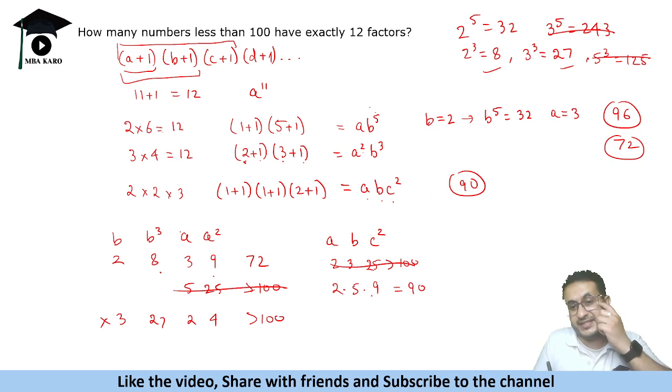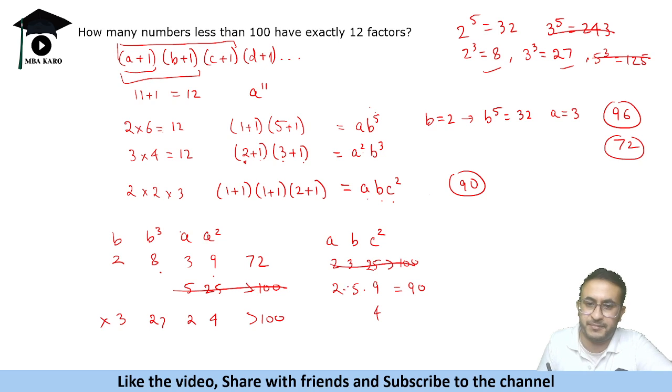Now, if I take c square as 4, instead of going to 9, because if I take any other prime number, let's say if I take 2 into 7 also, it will be greater than 100. So we can take c as 2 and c square as 4. So we will take other prime numbers like 3 and 5. So that is 60. Okay, this is 4, 3 and 7 because 7 is also prime.